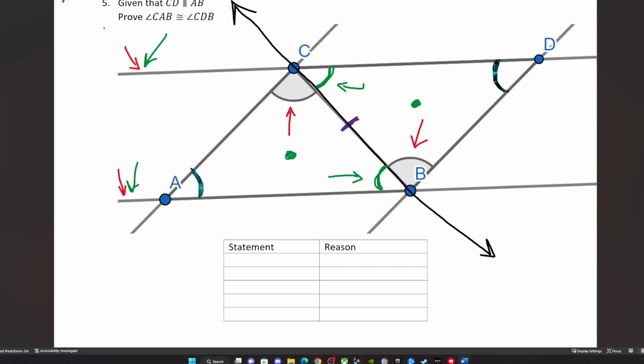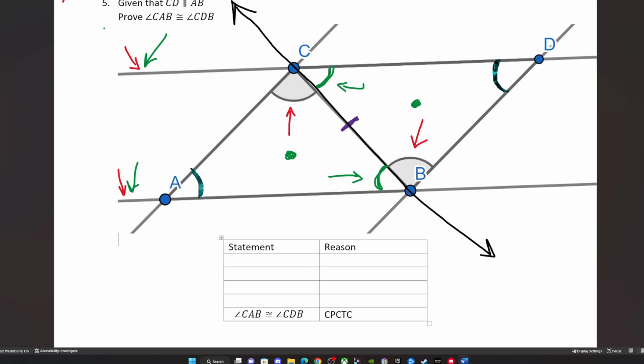Therefore, angle CAB will be congruent to CDB because corresponding parts of congruent triangles are congruent. And that would be your last statement.